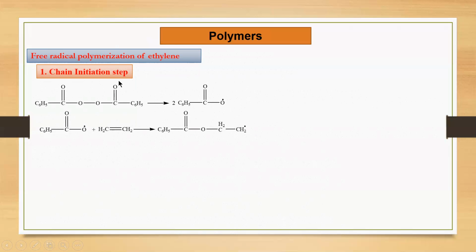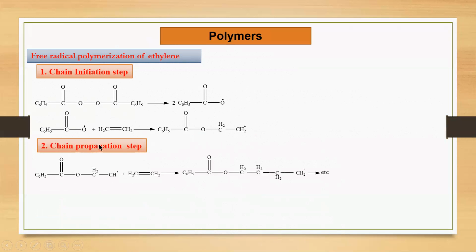In the chain initiation step, the initiator molecule taken is benzoyl peroxide, which undergoes homolytic fission to generate a benzoyl radical. This benzoyl radical attacks the carbon-carbon double bond of ethylene to activate this ethylene unit so that it can propagate the chain.